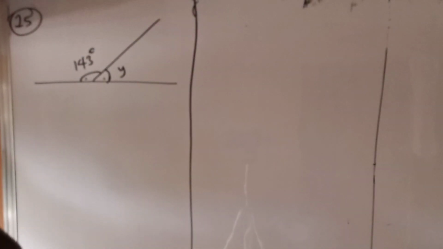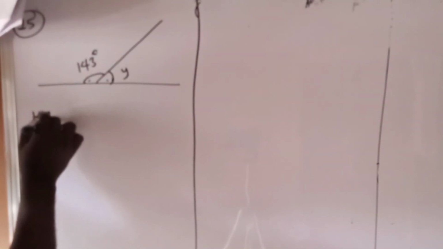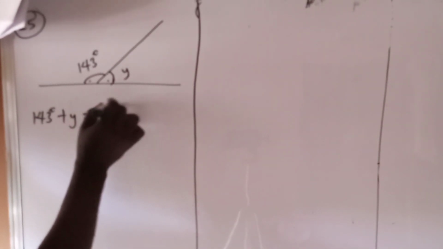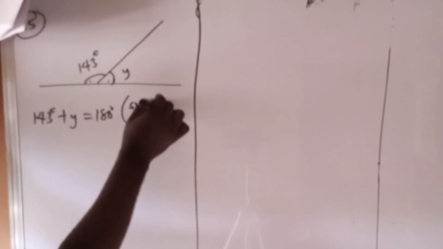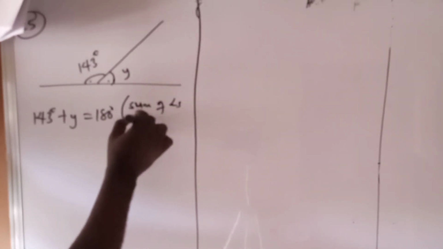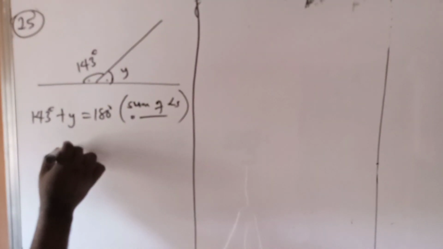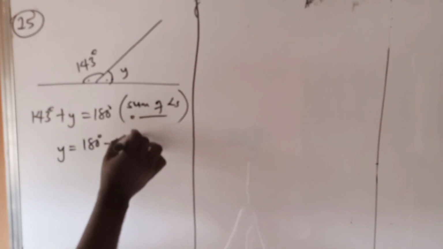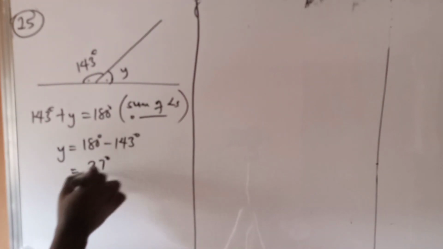The sum of angles on a straight line is 180 degrees, meaning 143 degrees plus y equals 180 degrees. So that means y equals 180 degrees minus 143 degrees, which gives 37 degrees.